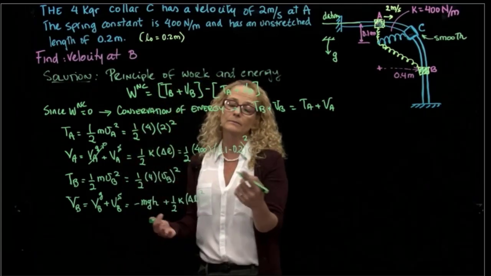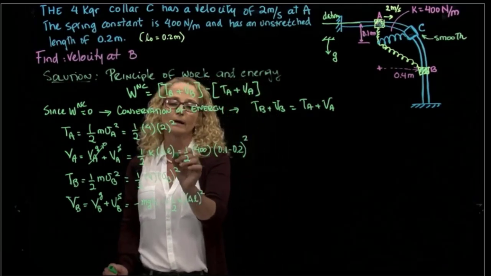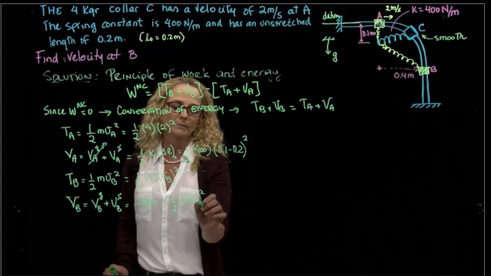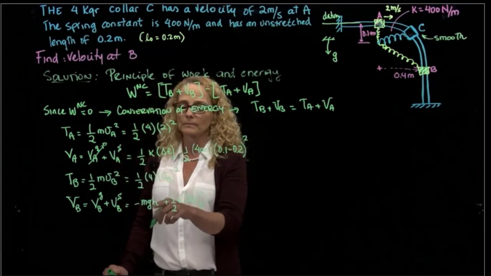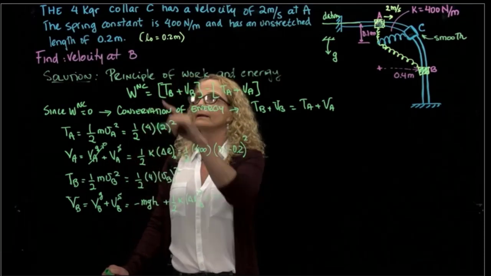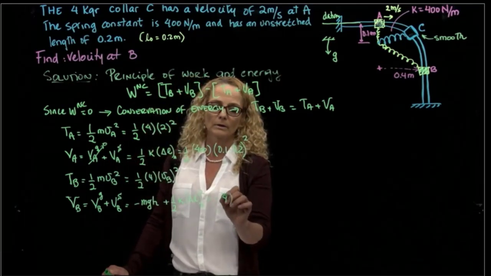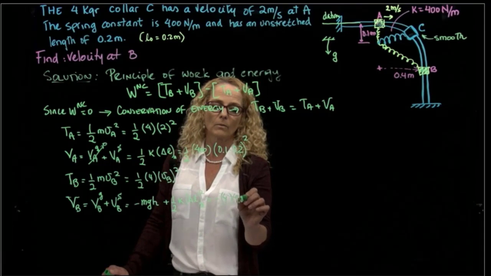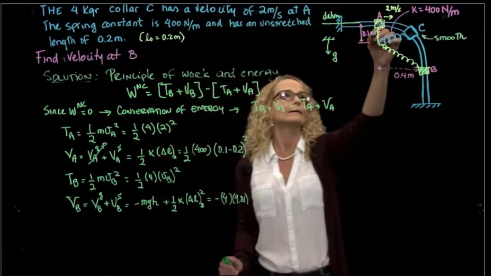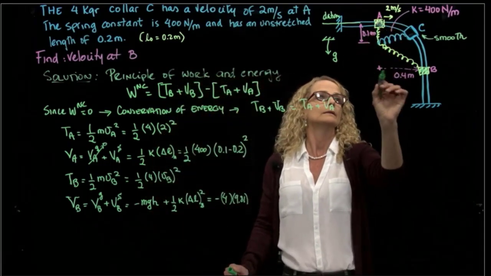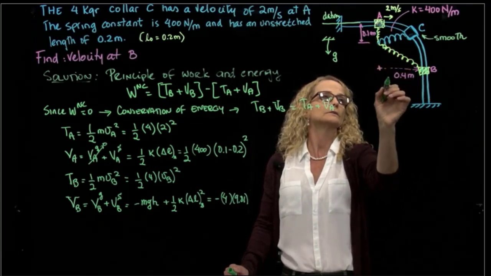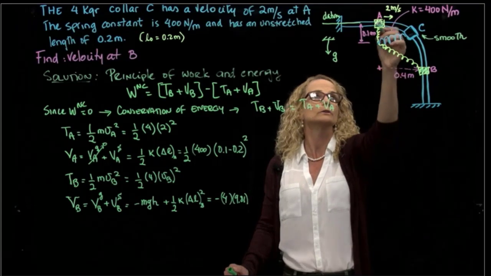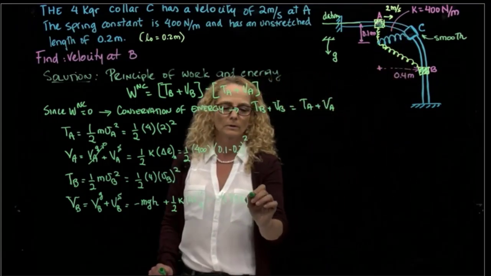And this delta L will be different from that one, right? This is at A and this is at B. So this will be equal to negative, the mass is 4, the gravity is 9.81, and the height that it goes from A to B, this circular rod has 0.4 meters radius, so I drop 0.4.